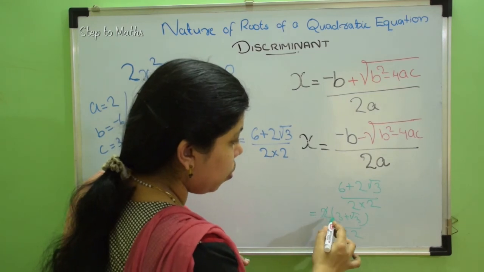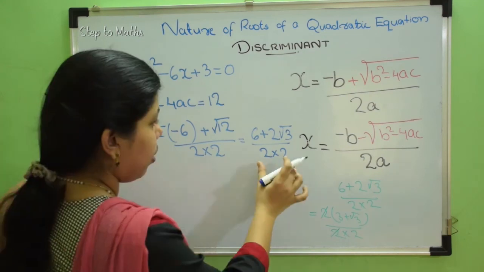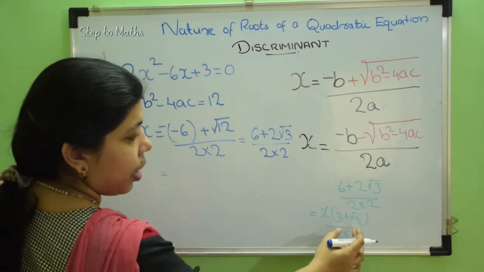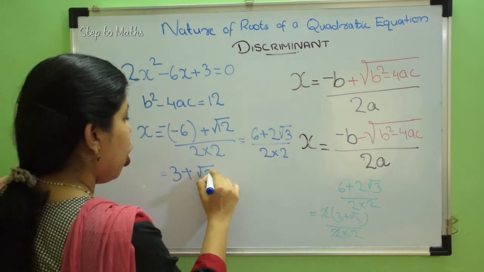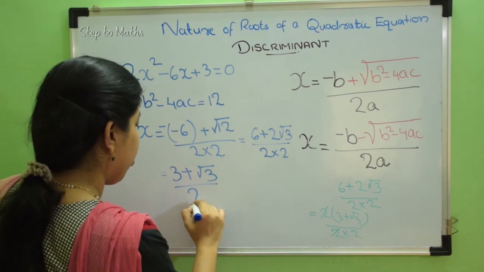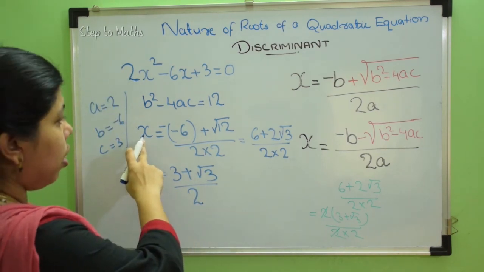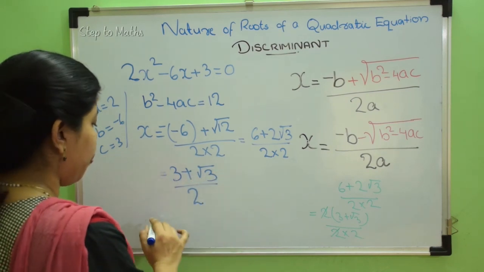Cancel these two: (3 + √3) by 2. The value of x is (3 + √3) by 2.